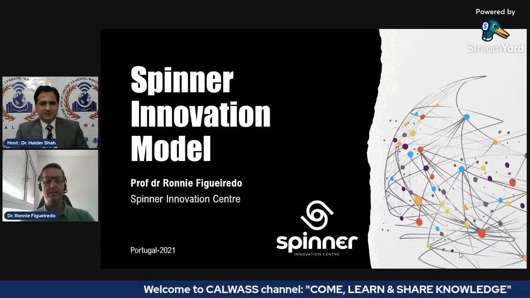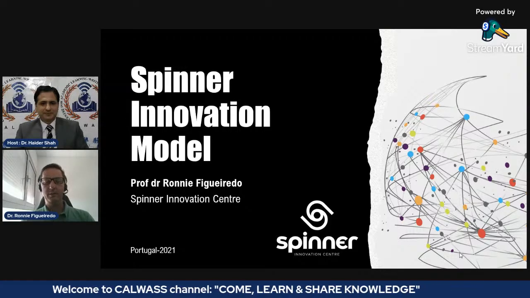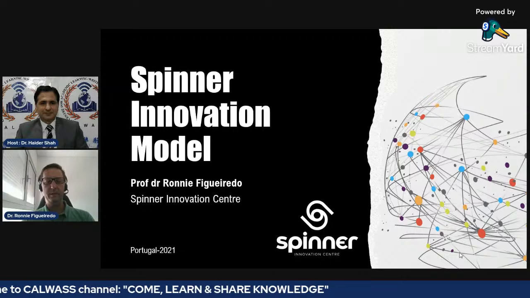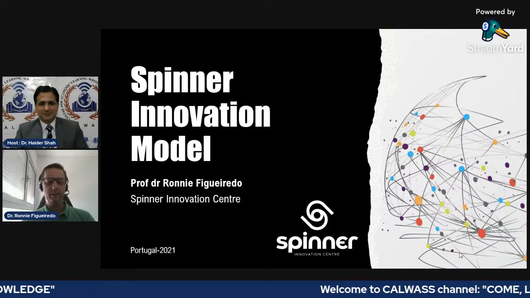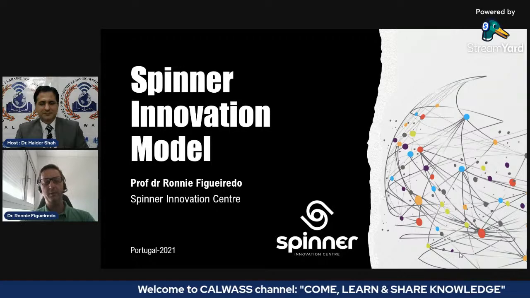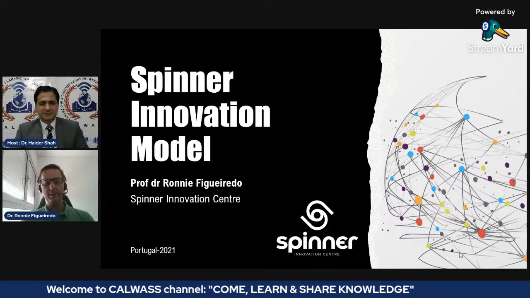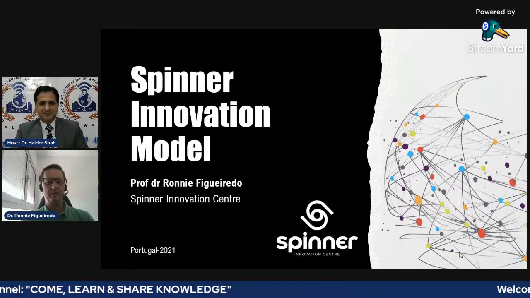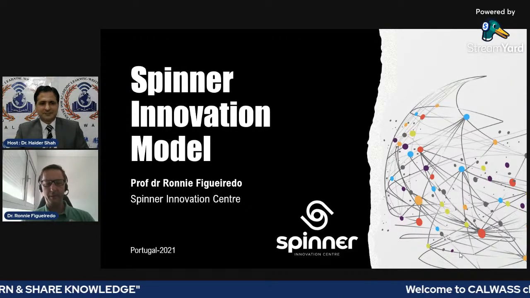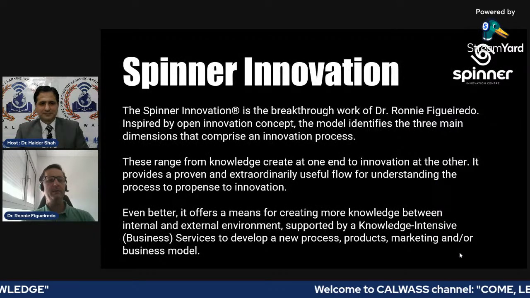In the second part, I will introduce pieces, parts of the spin model, and then I will conclude in the third part, presenting how you can apply the spin innovation model in scientific and academic research and in a consultancy or professional approach in marketing.